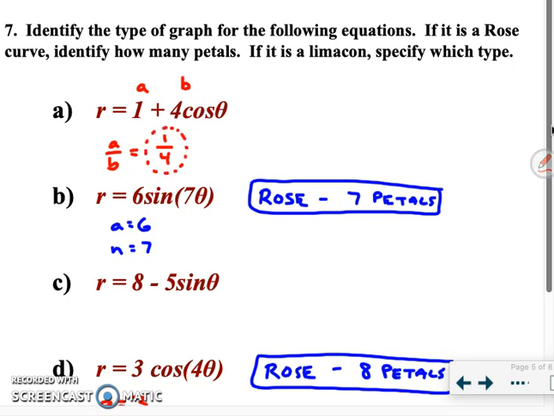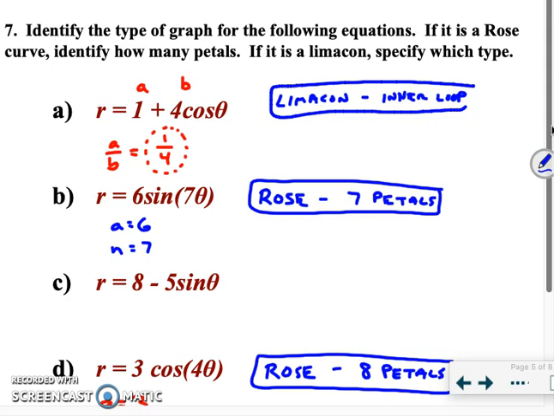So if A over B is 1/4, then what that's going to allow us to do is to say that number 7, part A, is a limacon with an inner loop. Again, we can say that confidently because of the fact that A over B is less than 1. So again, limacon, inner loop.